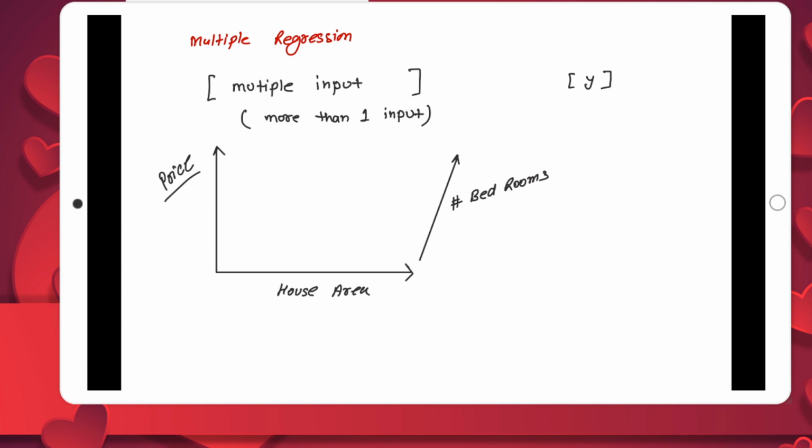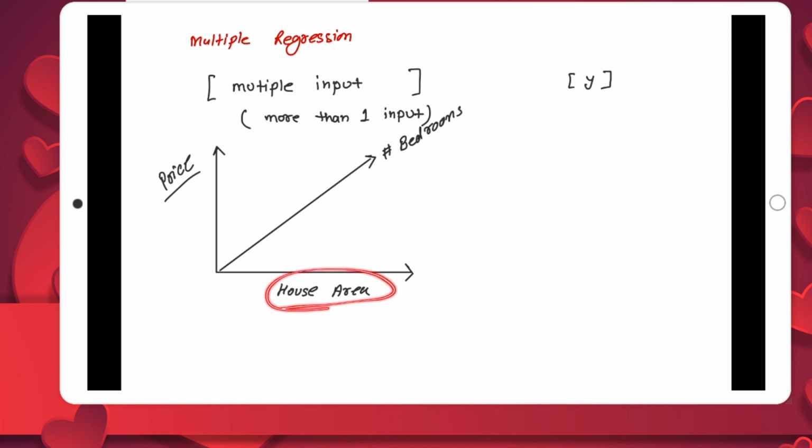All right. So this is going to be kind of multi-dimensional. Instead of plotting it here, let me plot it here. All right. So there we have number of bedrooms. Let me delete this one here. Perfect. So with this, what we get, once again we have got house area and number of bedrooms.